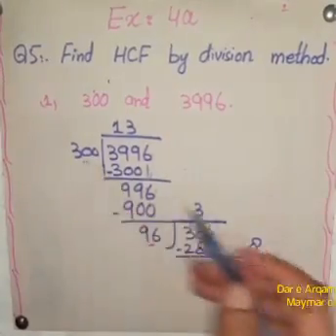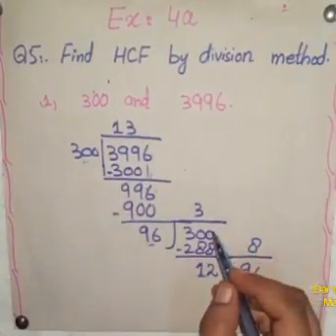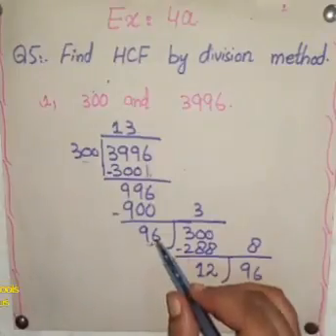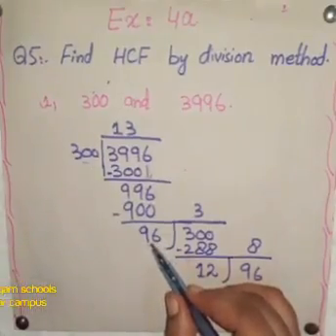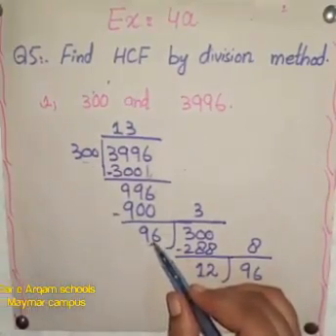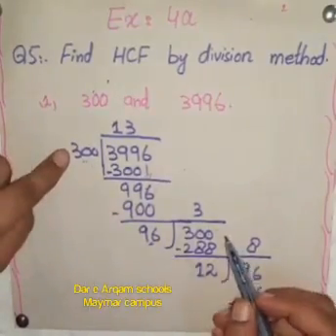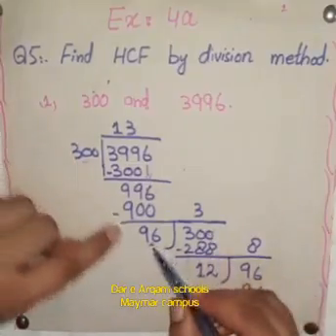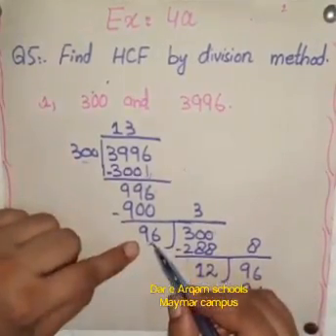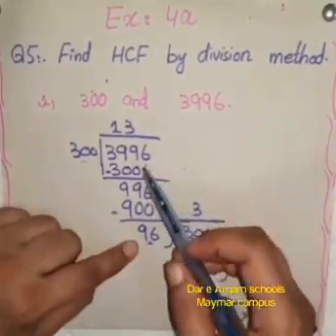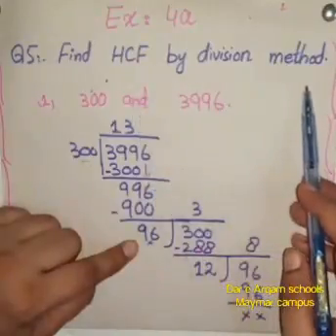Your divisor will convert into dividend, and the remainder will become the divisor. Always remember this in the HCF by division method.